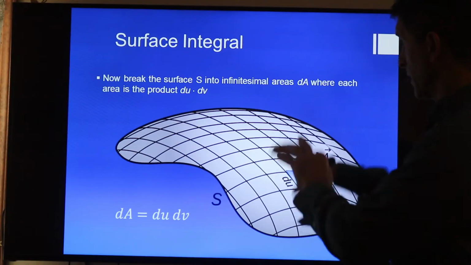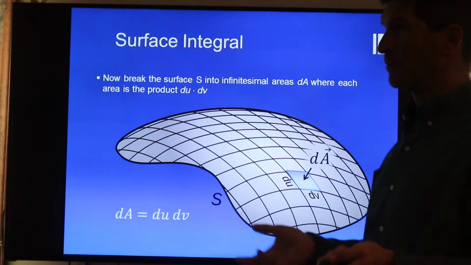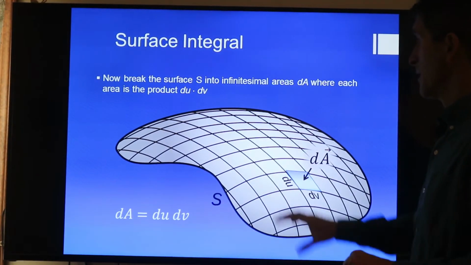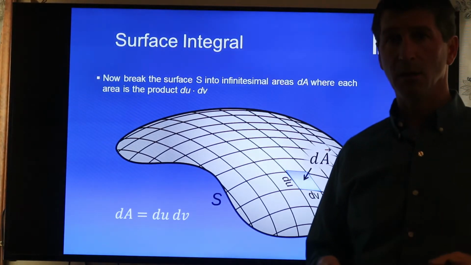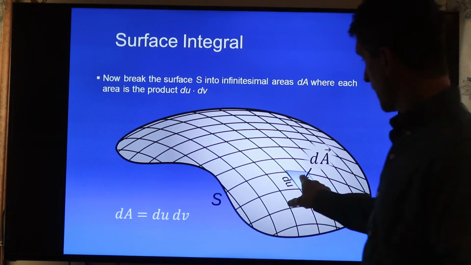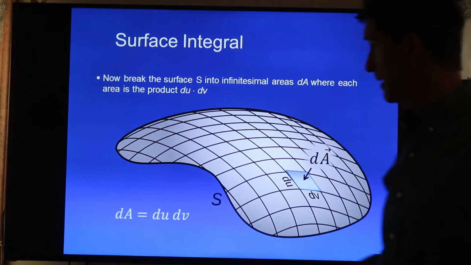Now if we were doing a computer calculation, a computer simulation, a numerical calculation of this, then we would actually use finite squares, but we'd make them really, really small to get a high degree of accuracy. So in any case, we've got our little area right here, dA, it's du by dv.